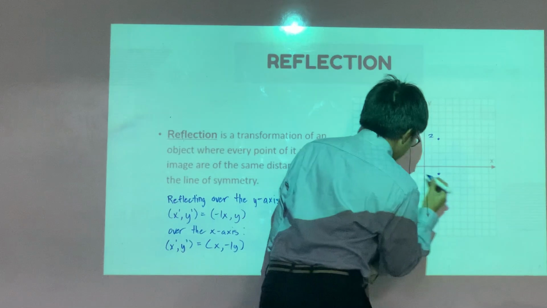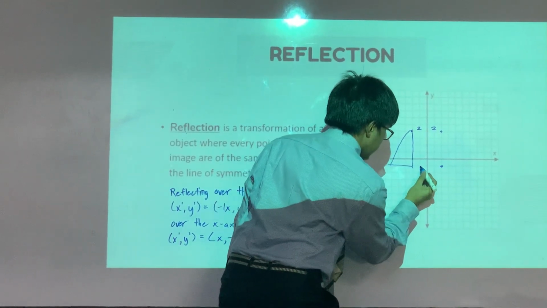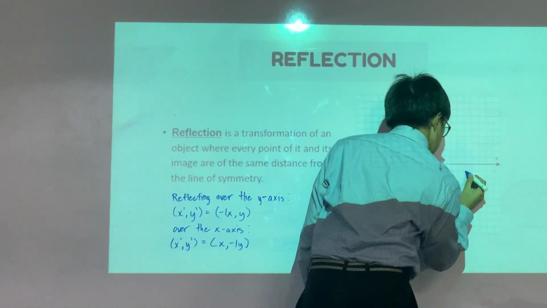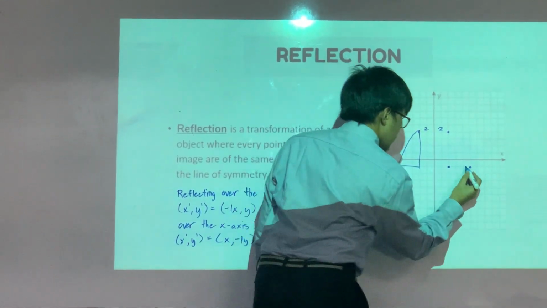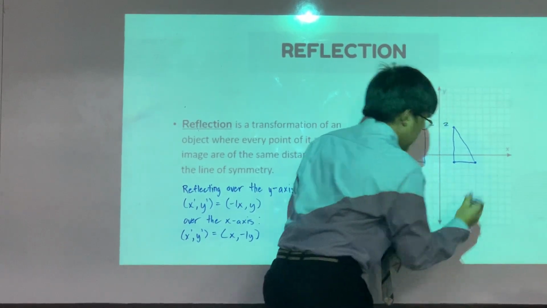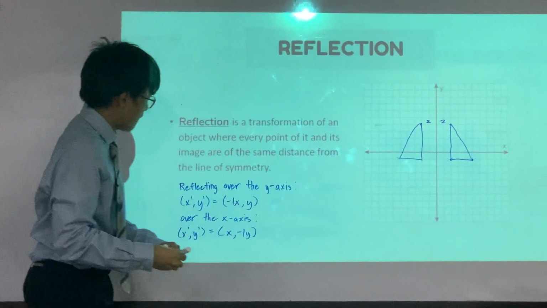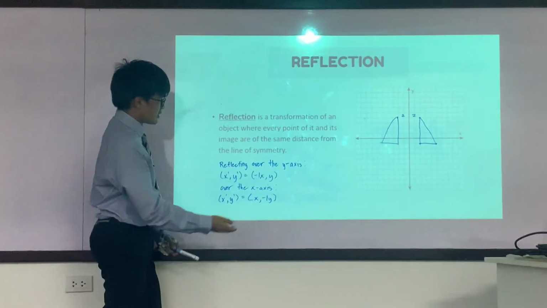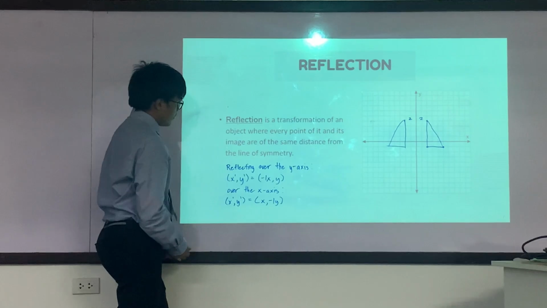Repeat those here and here. 1, 2, 3, 4. And we have a shape. This can be expressed mathematically using this formula.